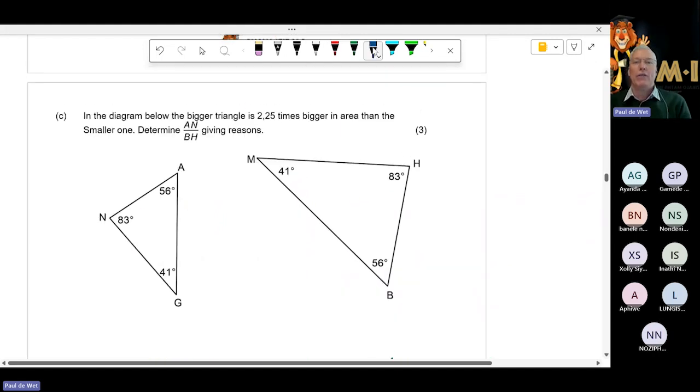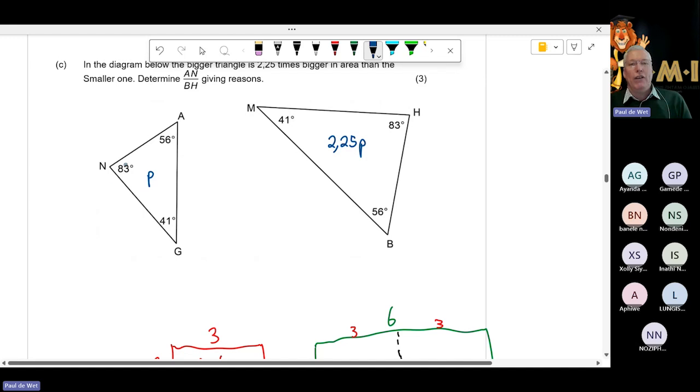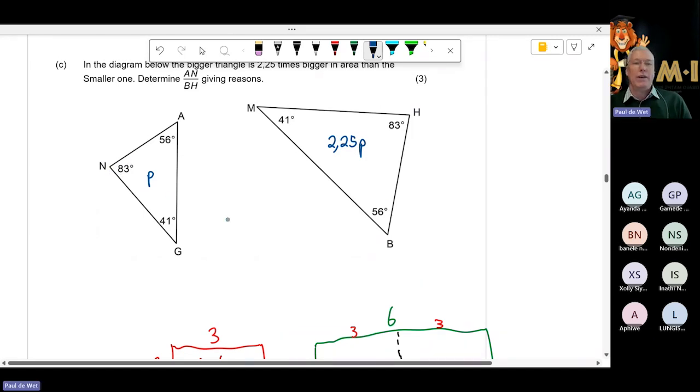So we could actually write 2,25P, and this is P. Guys, if we take the ratio of the sides, like if I take AN from this one, what must I divide it by in the other one?